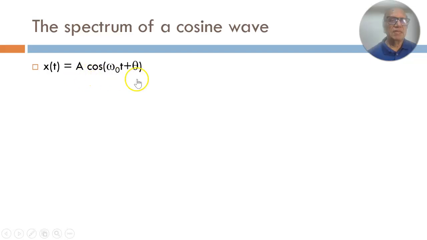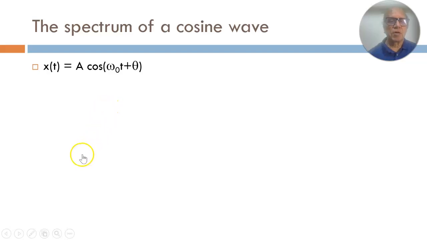When we look at this equation, there are three important parameters you can find. One is the amplitude of the cosine wave, second is its frequency, and the third is its phase angle. Now, when we want to plot the frequency spectrum of such a signal, we express it by using two plots.